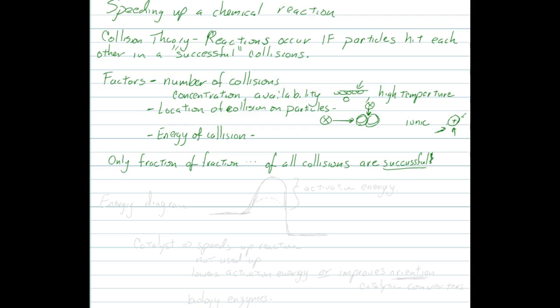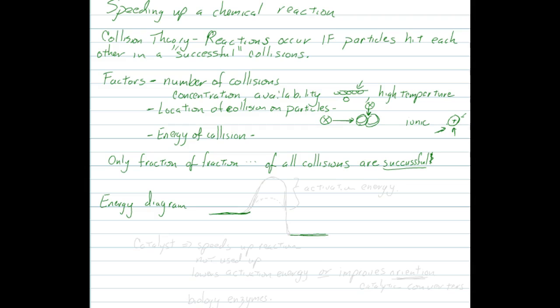Another way of looking at this as far as the energy is concerned is an energy diagram. If you get to AP Chemistry, we talk about these more often. Here's the energy level of the reactants. Here's the energy level of the products. And in between there, you have a bump.